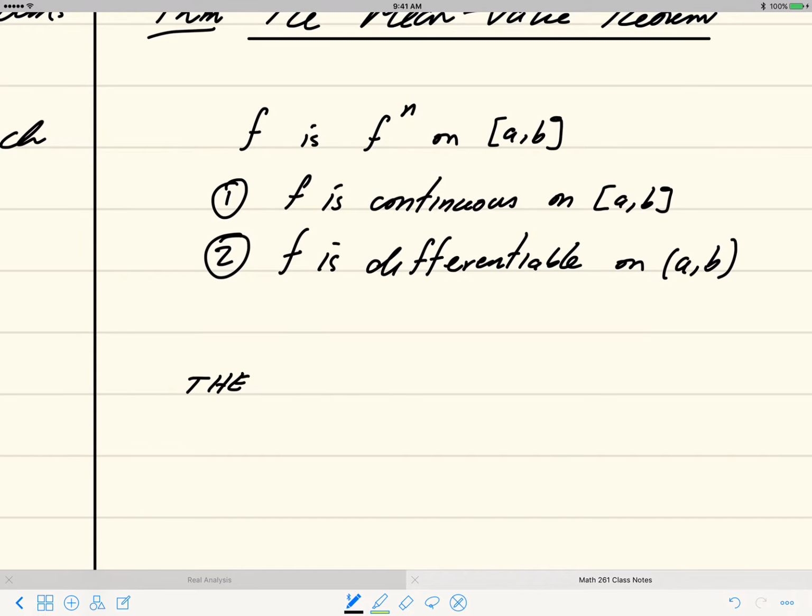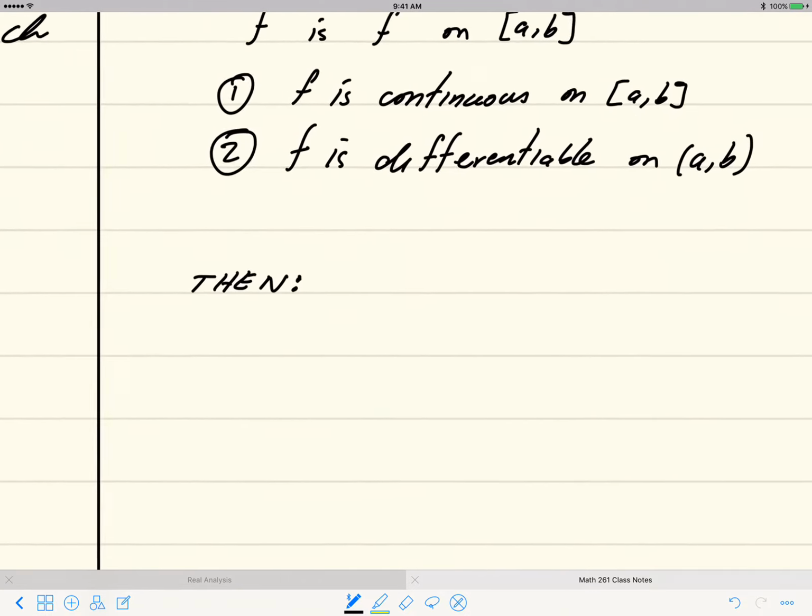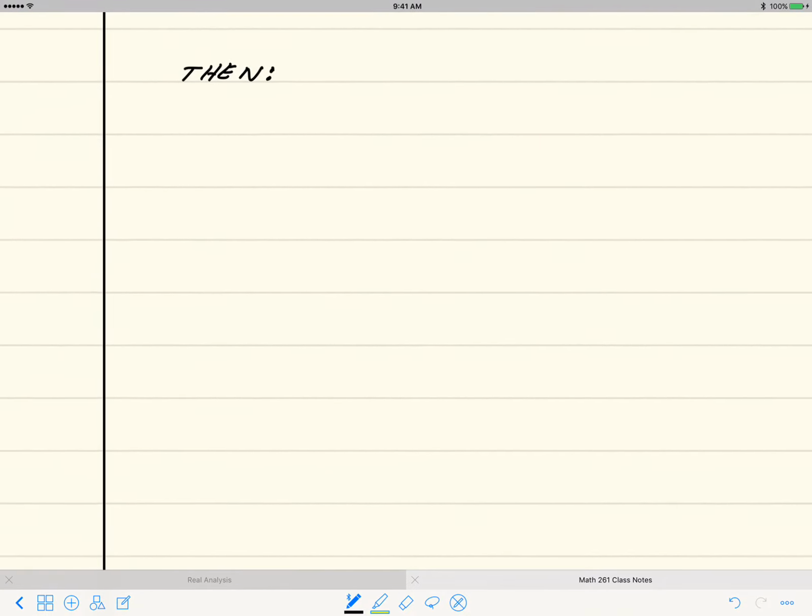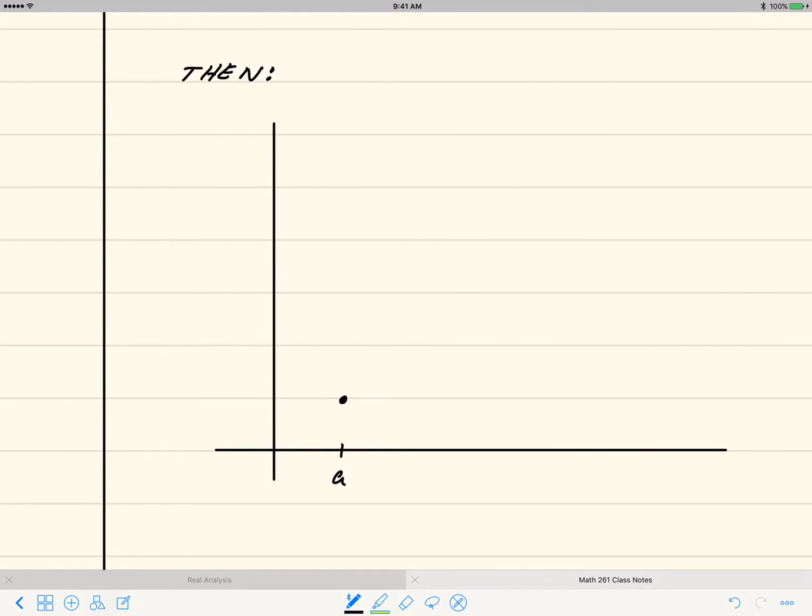Then there is a guarantee about f prime. But before we write that guarantee, let's see if we could make sense of it from a diagram. So here's f of a.